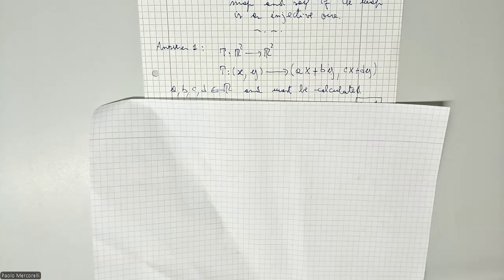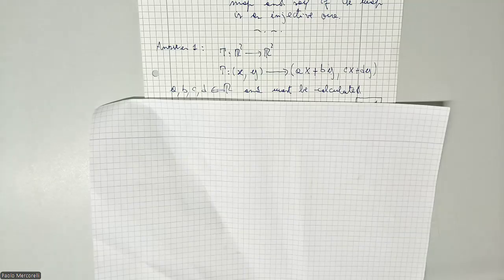Everything in the plane xy, with two dimensions, x and y. You have to remember from school, x and y, two dimensions. Is transformed into a linear combination, and therefore a linear transformation, of the elements x and y.